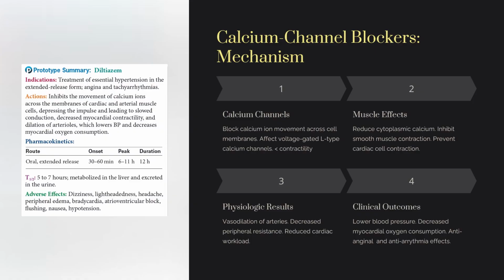So these, I'm not reading that. I've already told you how they function. So they're decreasing that constriction. Depending on the type, they have more of an effect on the cardiac cells themselves, so affecting the cardiac muscle, leads to vasodilation, which leads to decreased peripheral vascular resistance, which leads to reduced cardiac workload, which looks like a lower blood pressure.